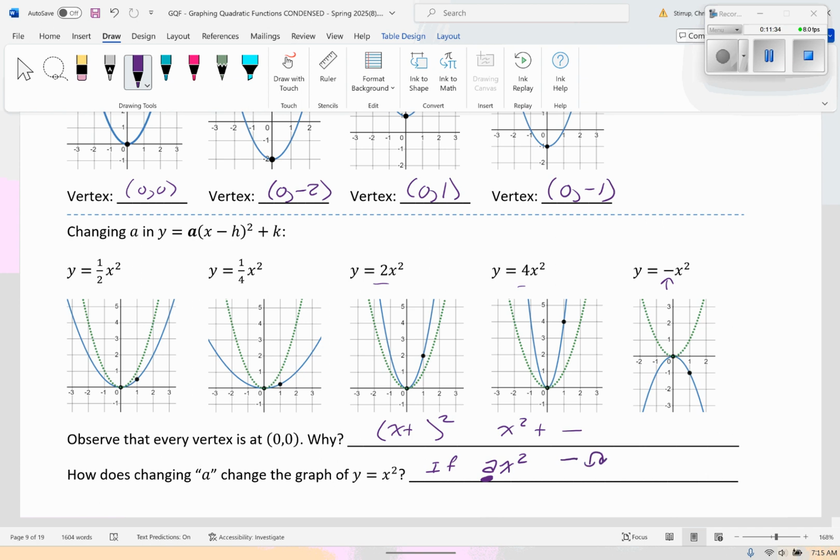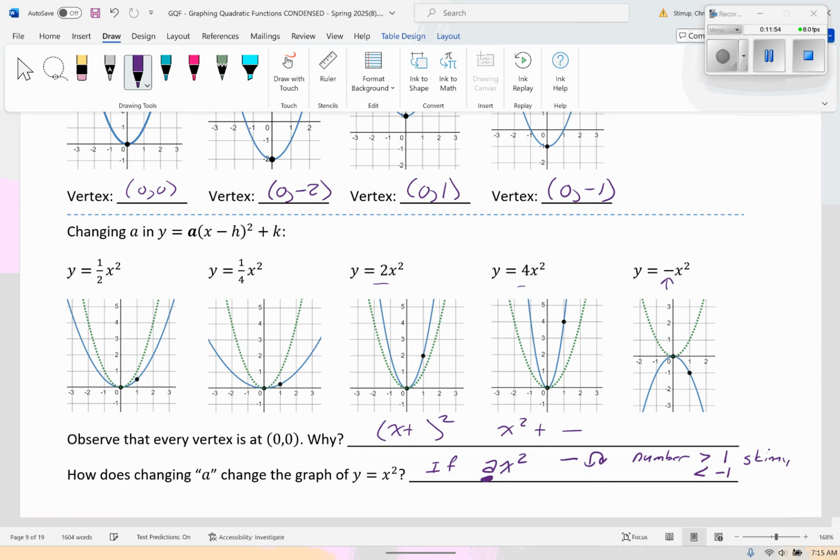If it's a number bigger than 1 or less than negative 1, it's going to make it skinny.